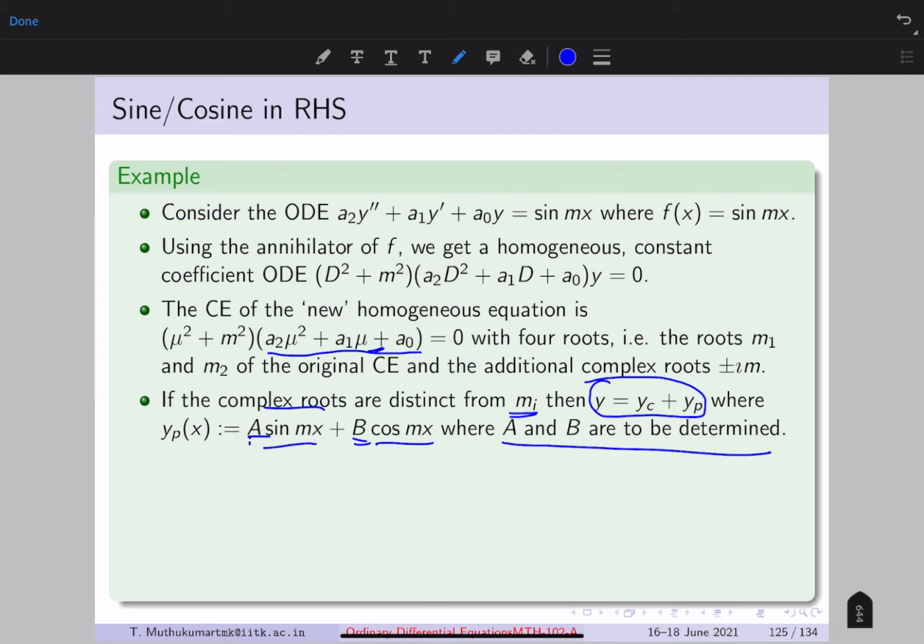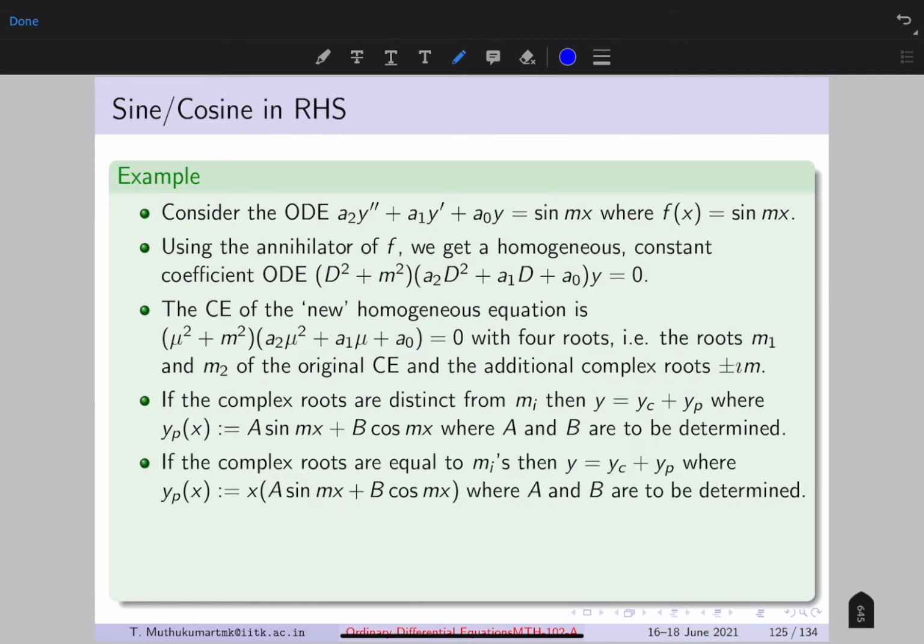So this is the undetermined coefficient case. And if the complex roots are equal to the roots m1, m2, because there are 2 roots here and 2 roots here, if they become equal, then you choose a linearly independent y_p. You just multiply by x here, which we did not have here, and then we still have to find a and b.